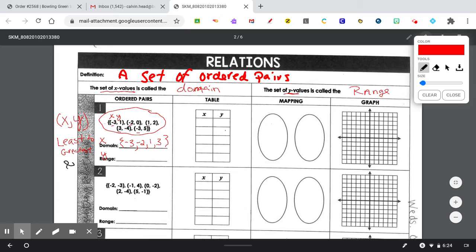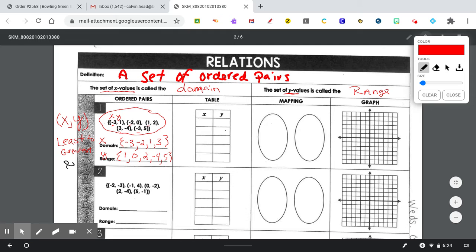Now the range will be all the Y values. So we have 1, 0, 2, negative 4, and 5. Now, what I messed up on here is that I have to put them in order from least to greatest.